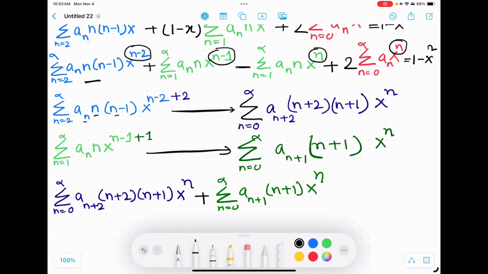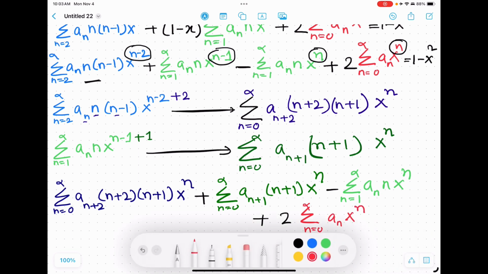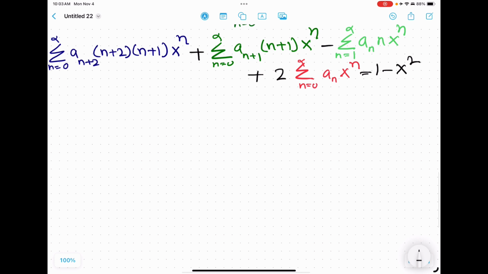And then I have my minus, and then my third power series, which is the same, since it has the exponent n, the exponent of x is n. Okay, and then I have my plus, since I'm running a little out of space, summation n equal to 0 to infinity a sub n times x to the power n equals 1 minus x squared. Okay, so this is what it looks like after we have matched our exponents to n. So this is my new differential equation now.